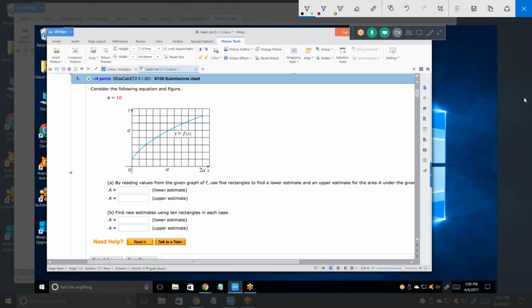But in general, when you have curved lines that are not circles, then all of a sudden we don't have any geometry for figuring out the area under that curve. So what they did for thousands of years was to break it up into rectangles. Put a rectangle there, rectangle there, rectangle there, figure out the area of each rectangle, add it all up.